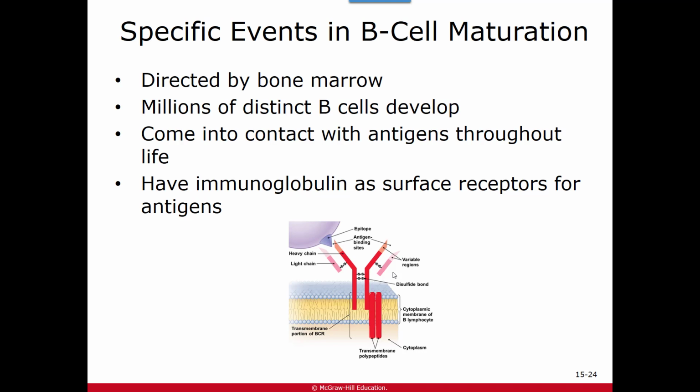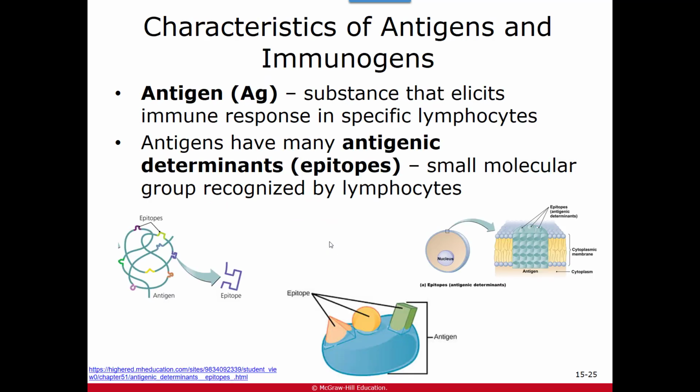They are recognizing very specific foreign invaders and attaching to them. This particular B cell receptor, this big Y, the end of it, that variable region, is specific for this particular cone-shaped structure. And once it attaches, it can activate the B cell.